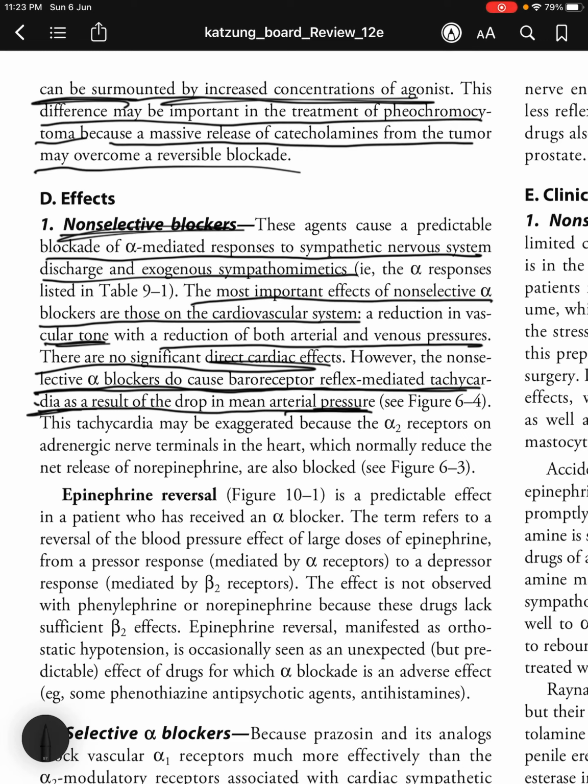But what you actually find is that baroreceptor reflexes immediately combat this fall in heart rate, so you become tachycardic. And this tachycardia may be exaggerated because the alpha 2 receptors on the adrenergic nerve terminals in the heart, which normally reduce the net release of norepinephrine, are also blocked. So there is no reduction in the normal release of norepinephrine.